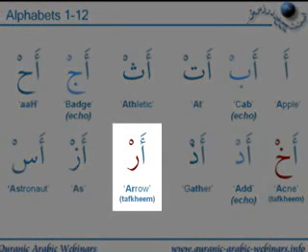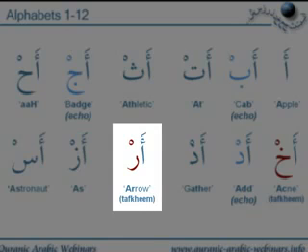The next one is ra. Now this is tafkhim and tarqiq sometimes. If you've got a fatha on the letter before the ra sakin, then it will behave as tafkhim. So in this case we're going to say ar. You've got to lift the back of the tongue a little bit.